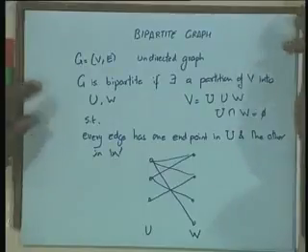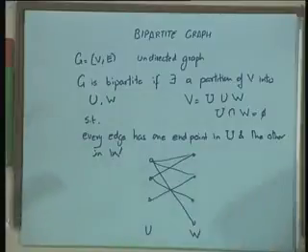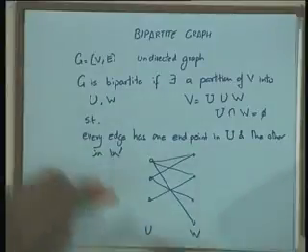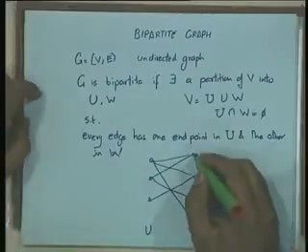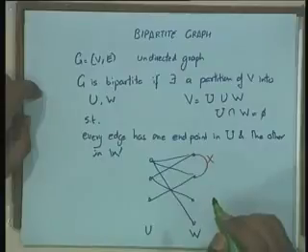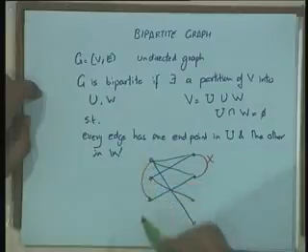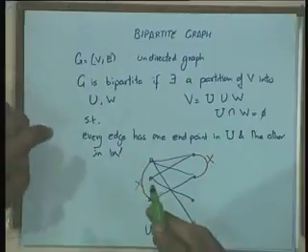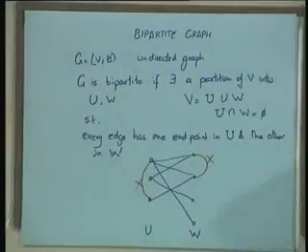Every edge has one end in the set U and the other end point in the set W. That means that there is no edge like this or like this. These edges are not there. There are no edges both of whose endpoints are in U or both of whose endpoints are in W.